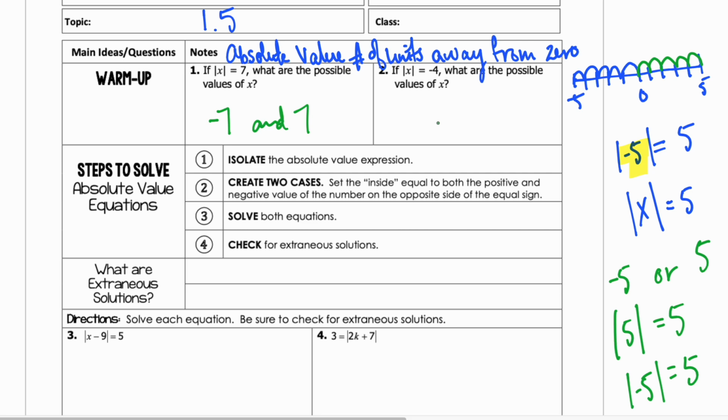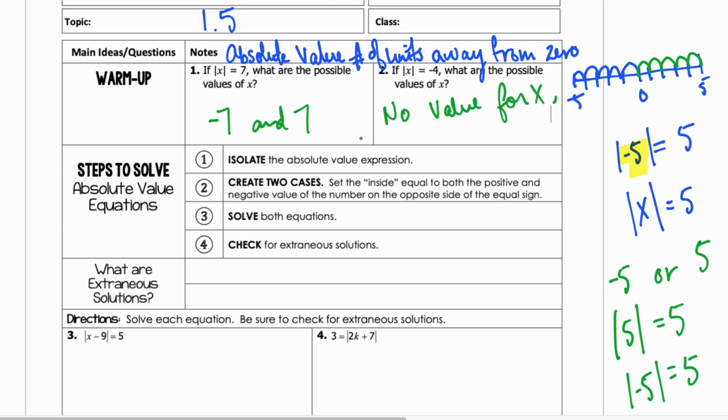So we have to have a positive answer anytime we're looking at the distance away from something. So something cannot be a negative distance away from another object. So in this case, there is no value for x. It would not make sense for something to be a negative distance away. So you would say no value for x.